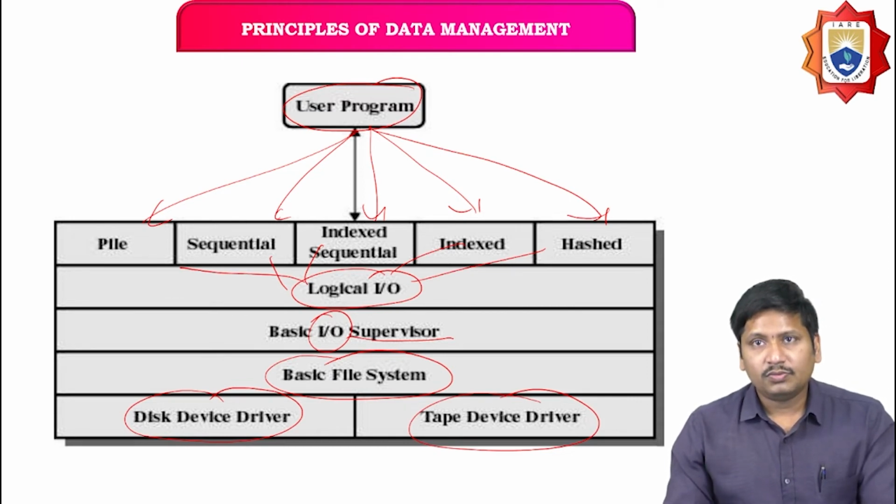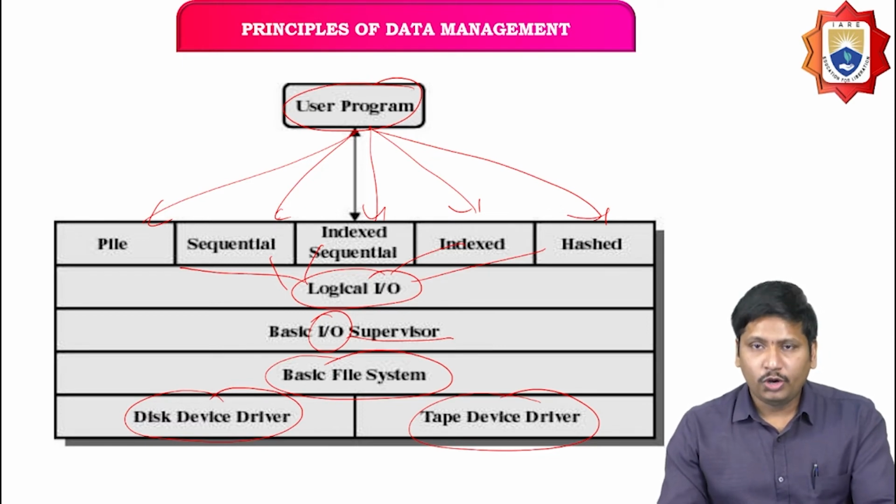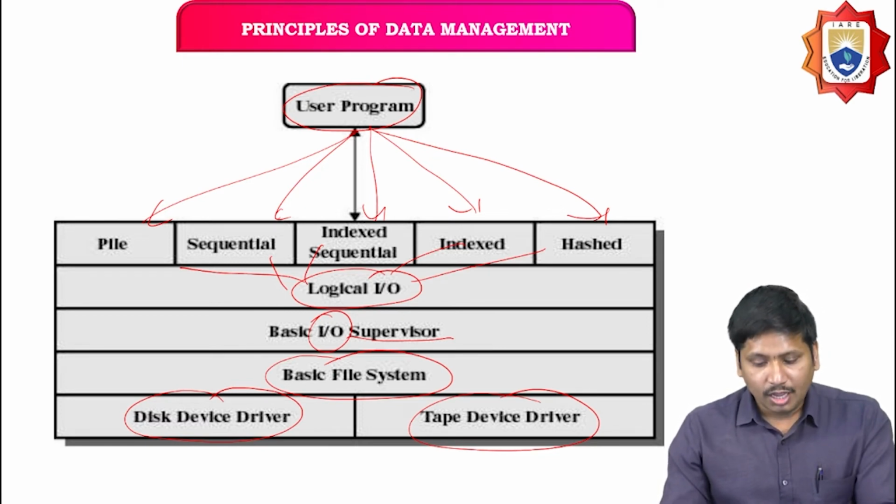By seeing this, we can identify how the files are going to be organized, in what way the files are going to be indexed in the database, what kind of logical operations are going to be performed, and what basic input output operations we can perform. And the foundation should be the basic file system, which is connected with the disk device driver and then the tape device driver.